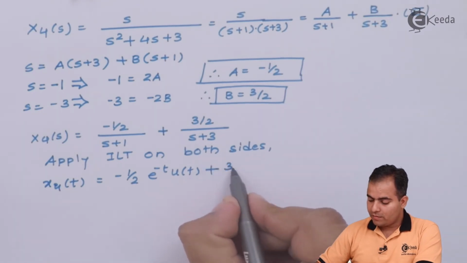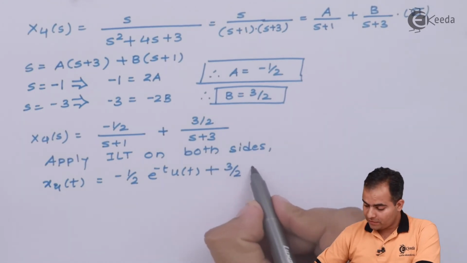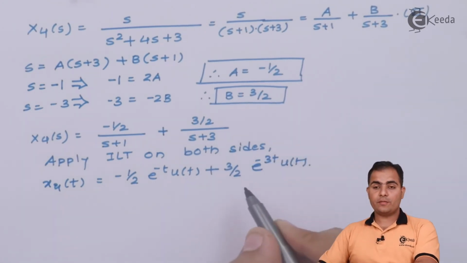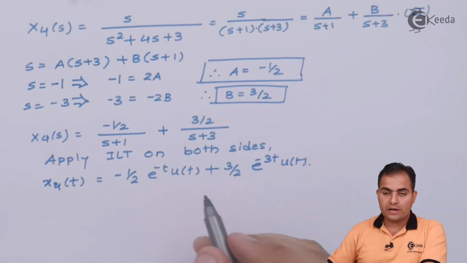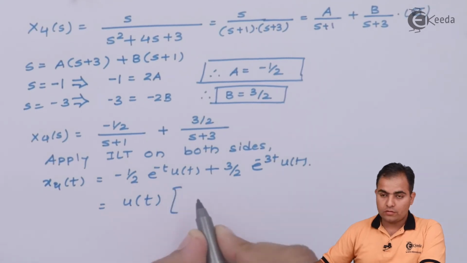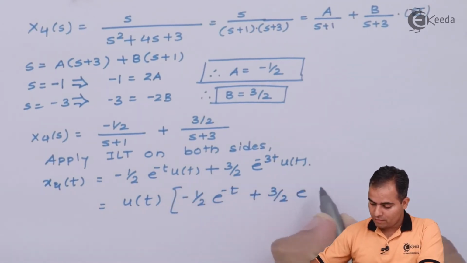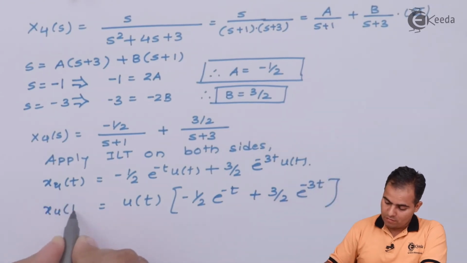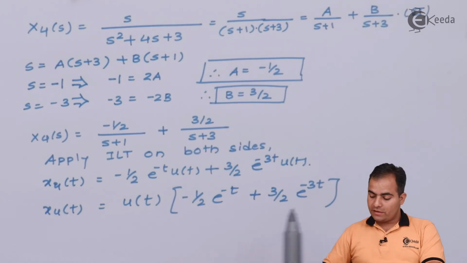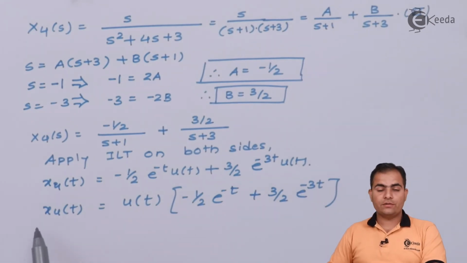Now I'll take 3 by 2 outside because it's a constant, and the Laplace inverse of 1 upon s plus 3 is e to the power minus 3t u of t. Now from this you can take u of t common. So what you will get is -half e to the power minus t plus 3 by 2 e to the power minus 3t, and this is my equation number 4, or you can say this is the equation of x4 of t.